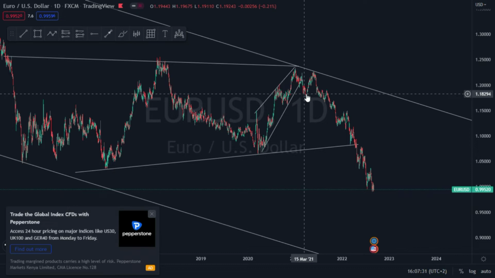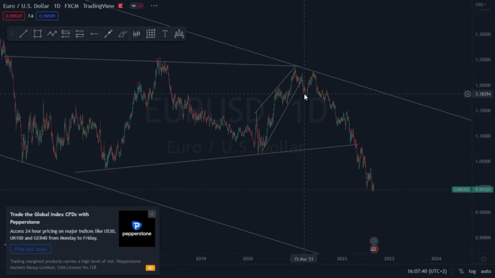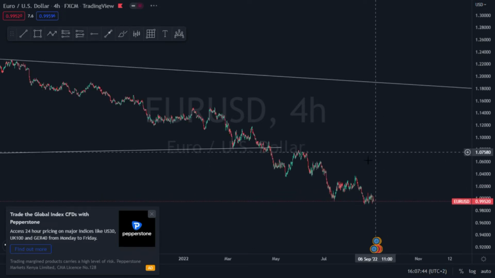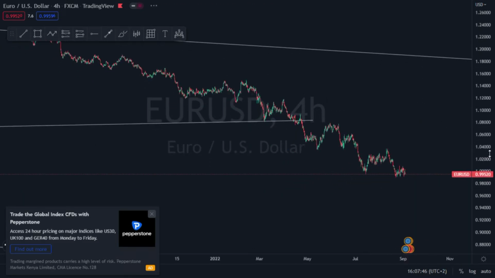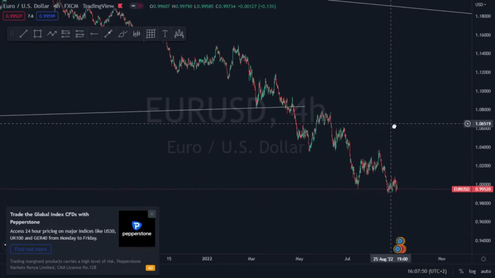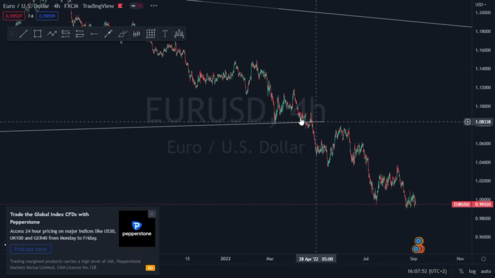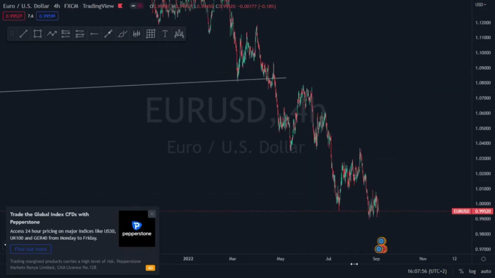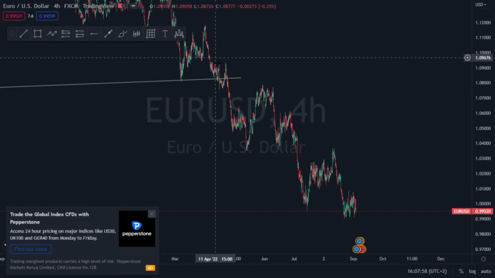So I can just scale it down to the 4 hours time frame, just to see more of what is actually happening. We broke that structure on these levels right here.